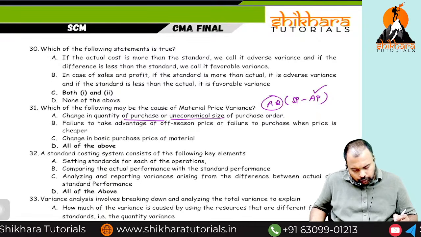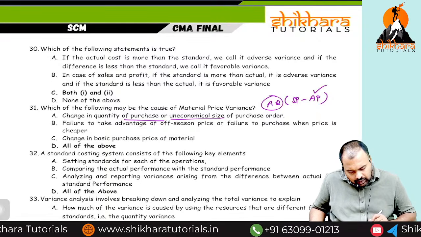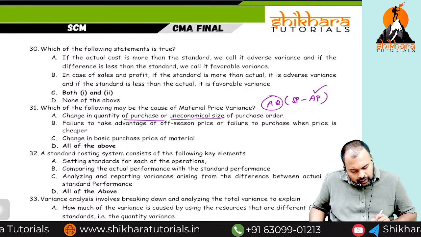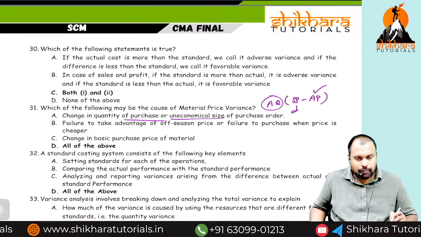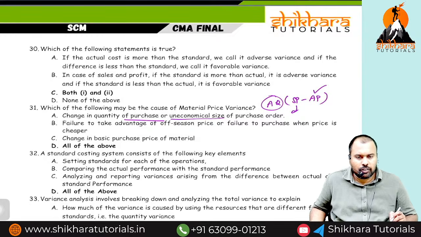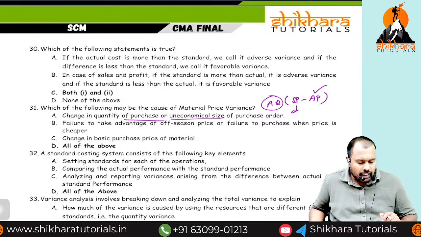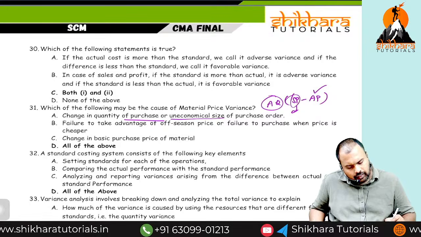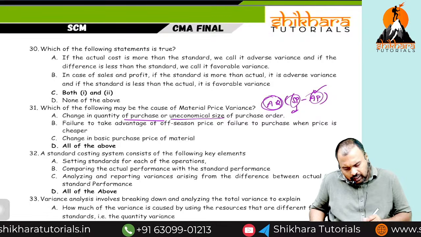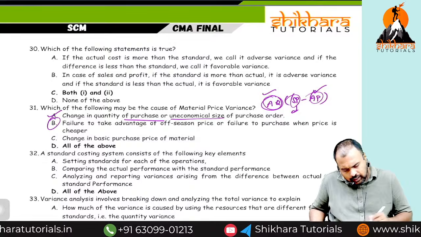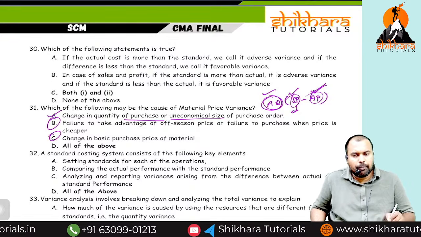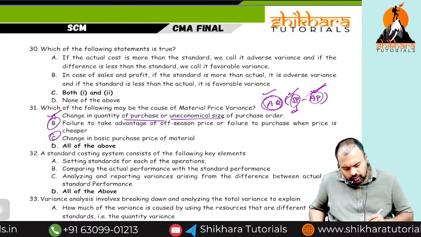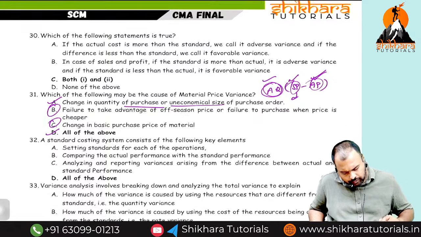Yes, definitely it is going to impact your price variance. Change in basic purchase price of material: if there is any change in the basic purchase price, then also your variance is adverse. So AP is for AQ, this is for AP and this is for SP. Yes, all three will impact our price variances. So D has to be your answer.